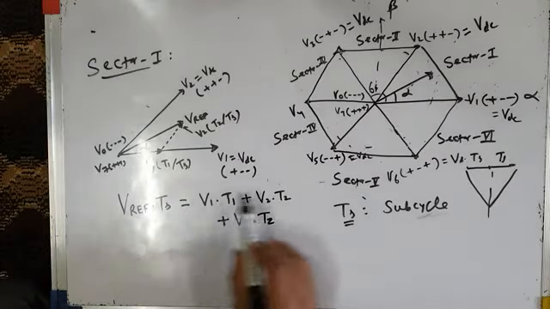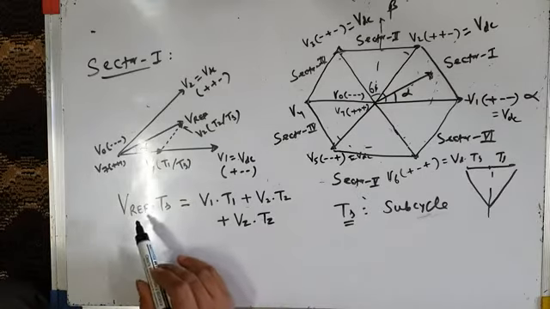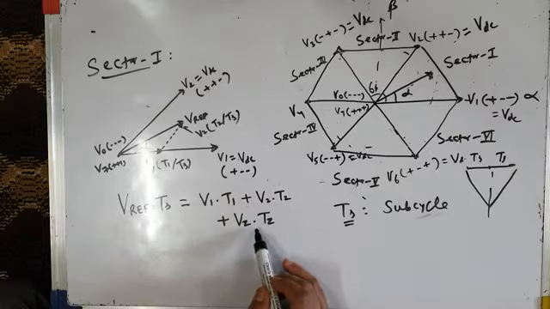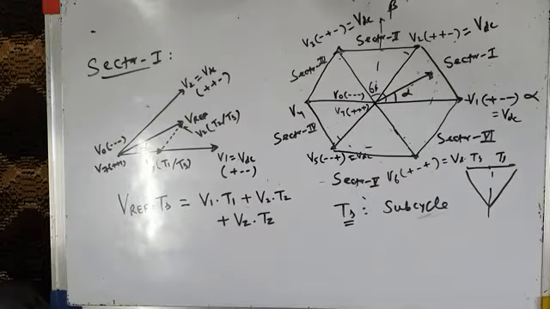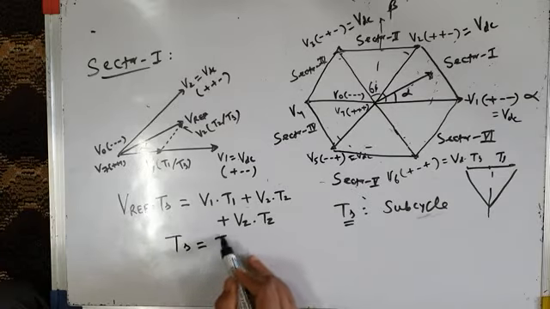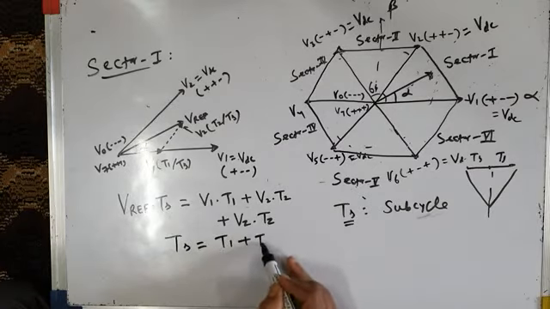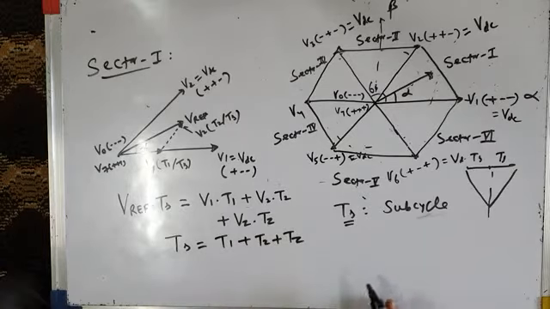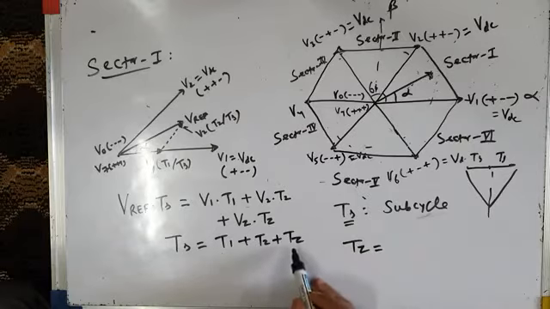So this satisfies the volt-second balance. So Vref into Ts is equal to V1 T1 plus V2 T2 plus Vz Tz, right? Where total subcycle interval is equal to T1 plus T2 plus Tz. Okay? Or Tz, that is the time period for which zero voltage vector is applied.